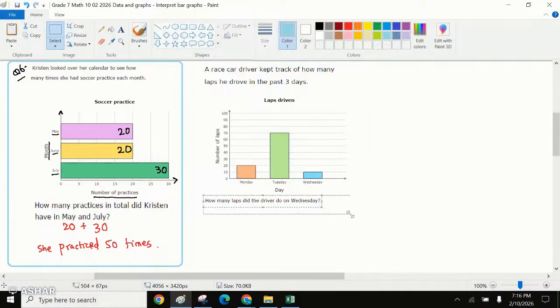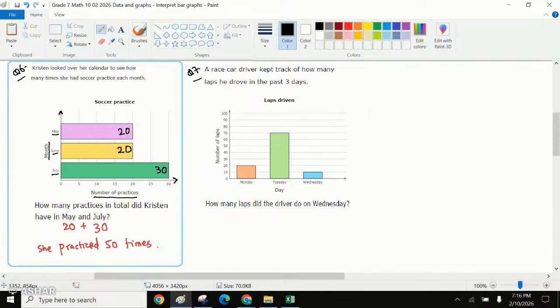For question number 7, on the vertical axis, it shows the number of laps. On the horizontal axis, it shows the days. So on Monday, the driver did 20 laps. On Tuesday, the driver did 70 laps. On Wednesday, 10 laps only. Oh, we just found the answer. We can say 10 laps only, right?